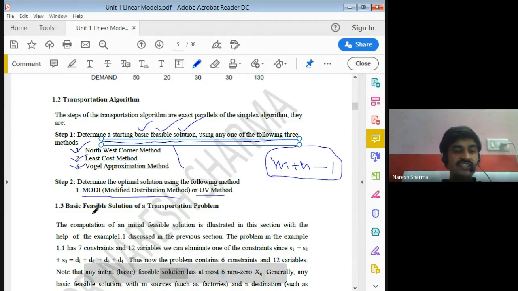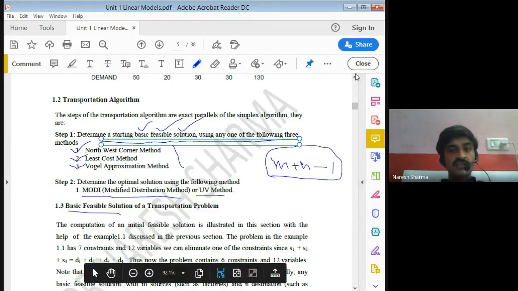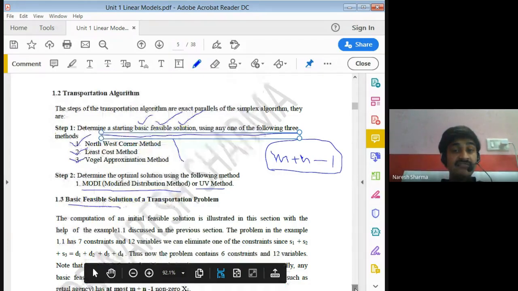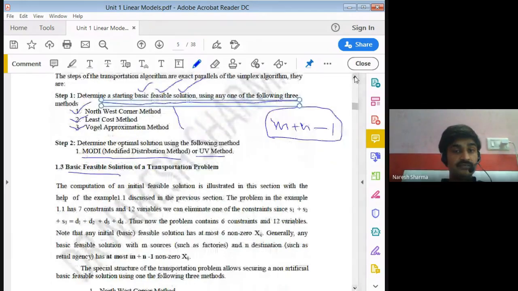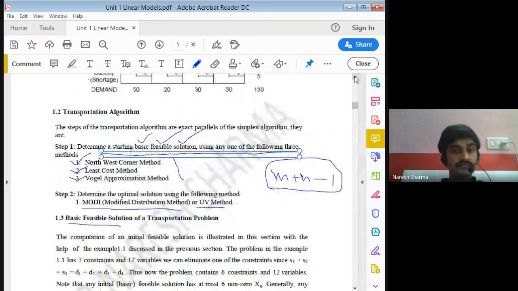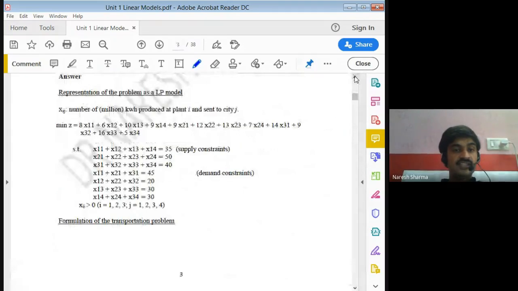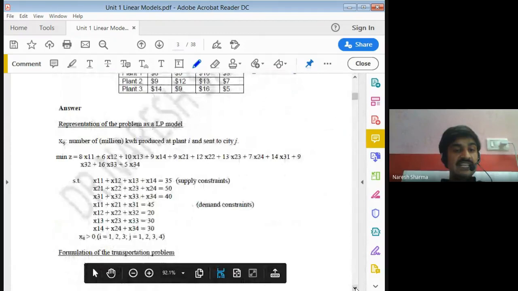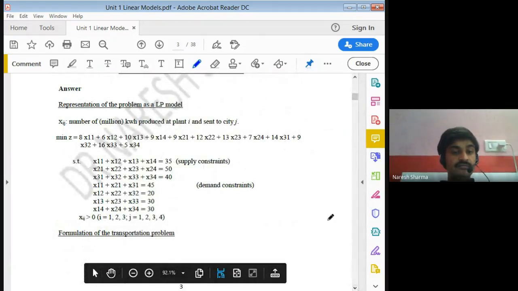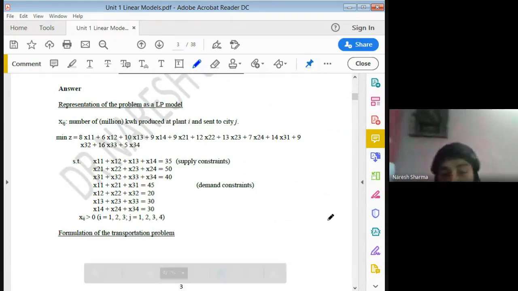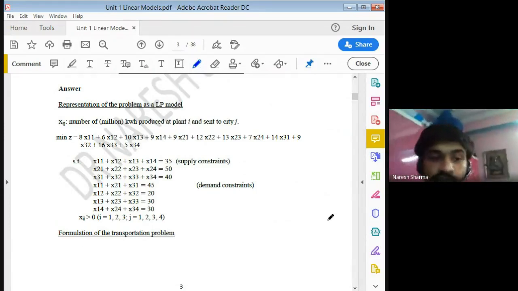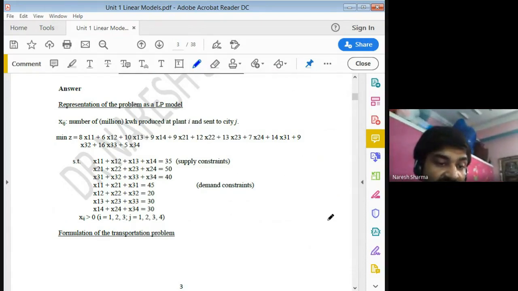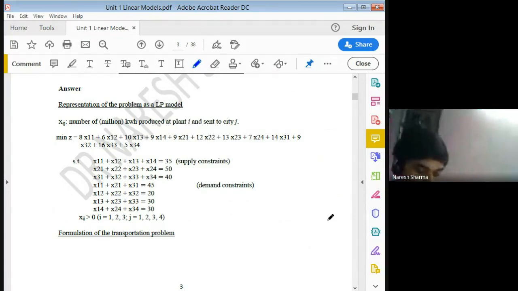So, the definition of basic feasible solutions. As we discussed in the previous example, which we studied in the last lecture, we converted it into a linear programming problem. In that, we minimize z subject to some constraints.